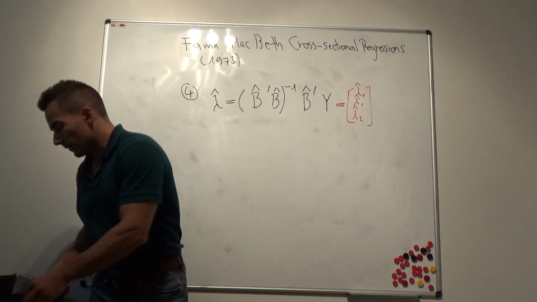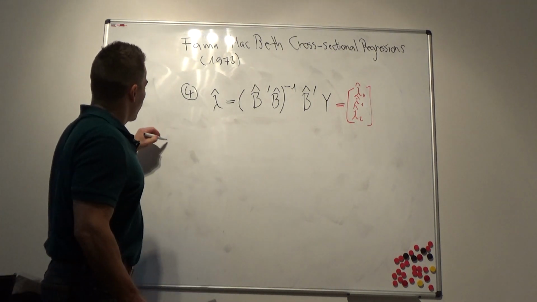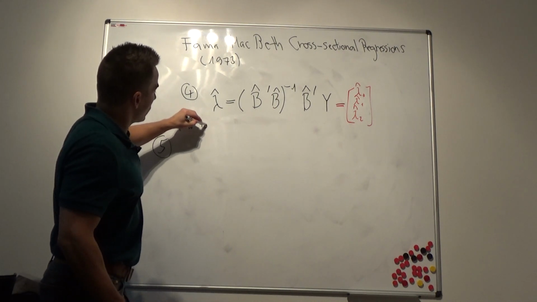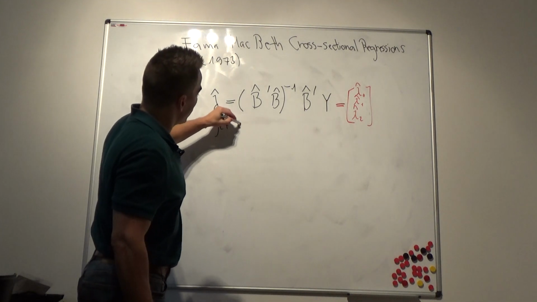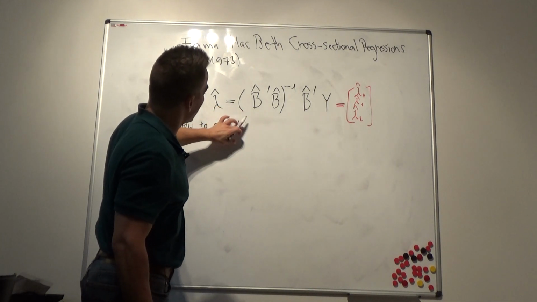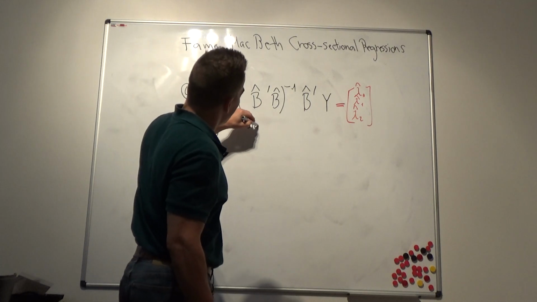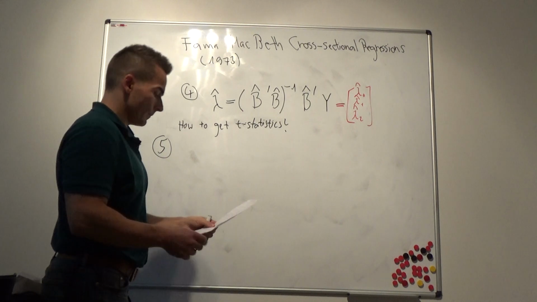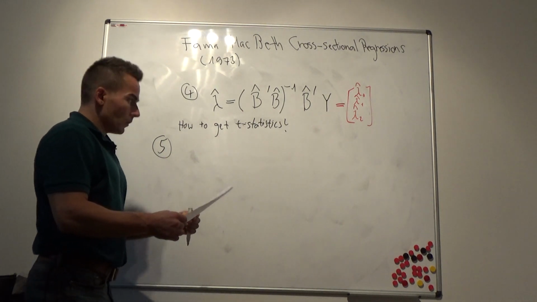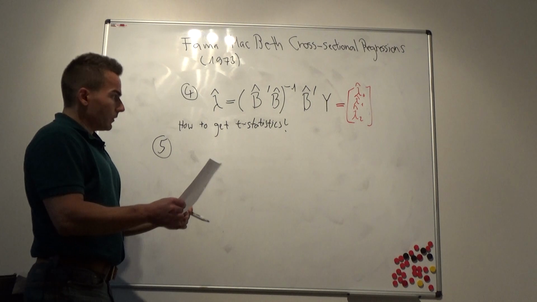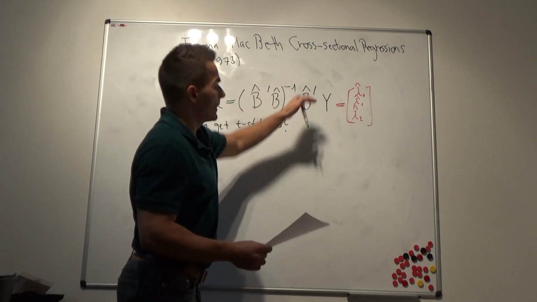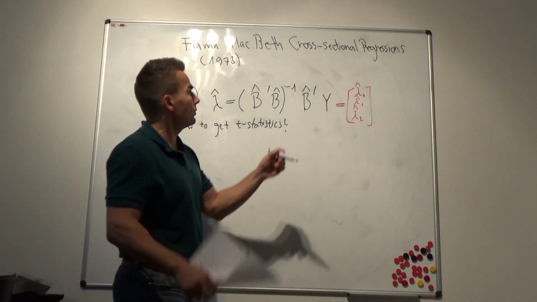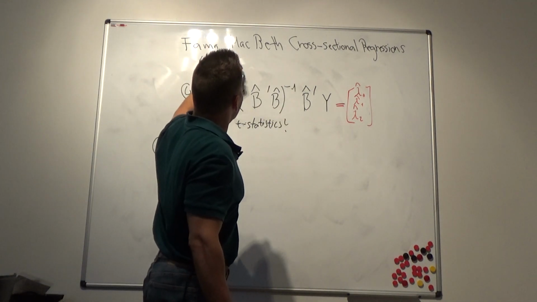The fifth step here is how to get the t statistics for our lambdas. So what we do is we use this whole expression here.